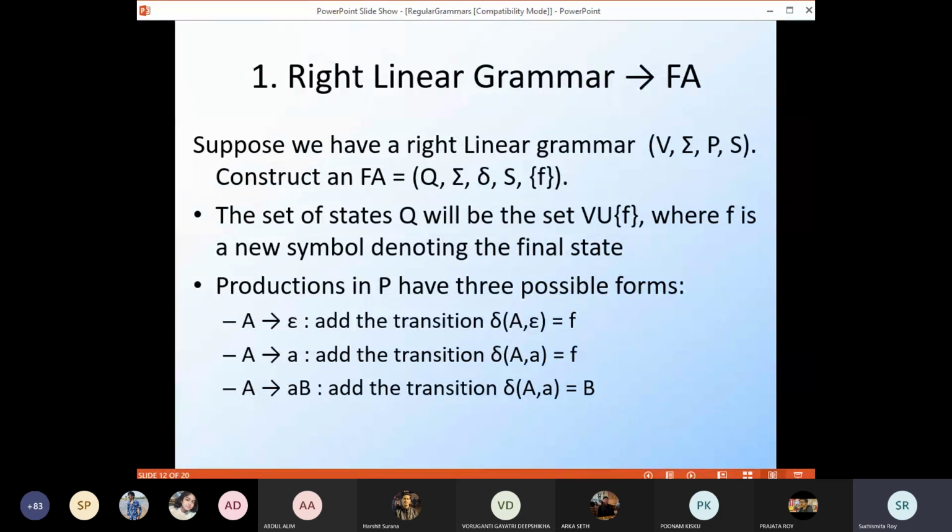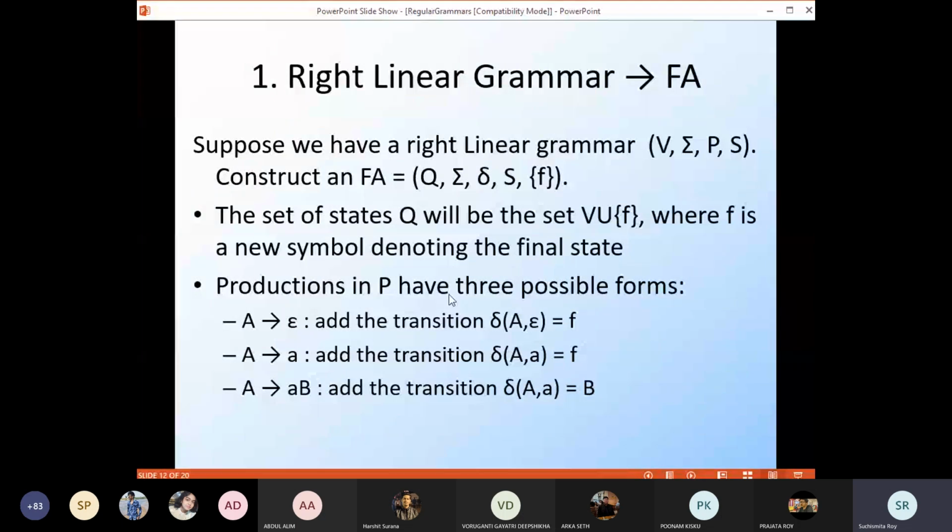In addition, we add an extra accepting state, which is the only final state. The start symbol S, which is a variable, is also one of the states of this finite automata, and that state is going to be our start state. So the start symbol produces the start state. That is simple. F is the new symbol denoting the final state, and the productions have three possible forms.